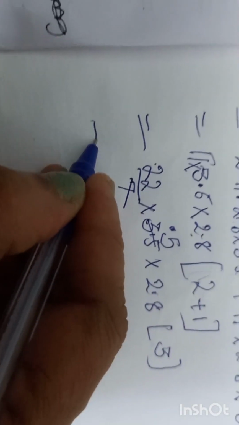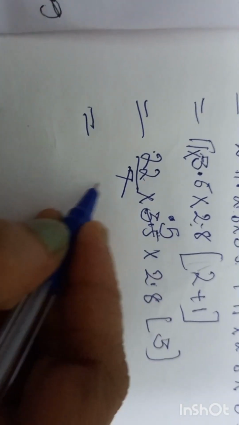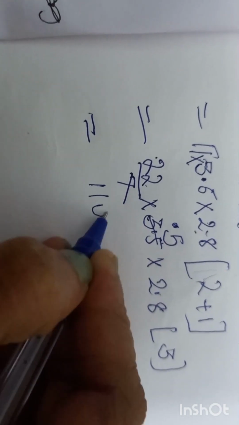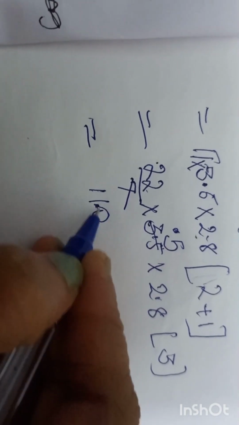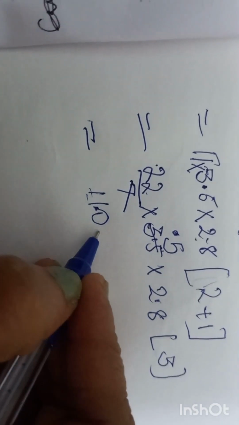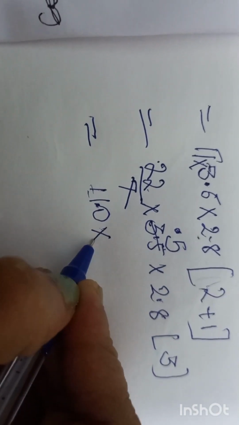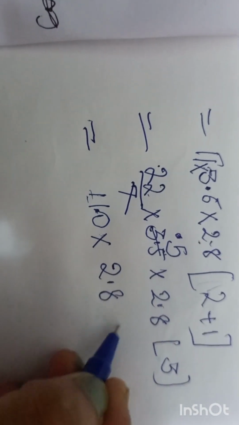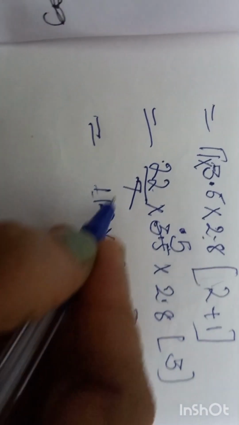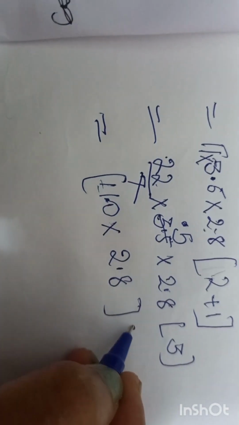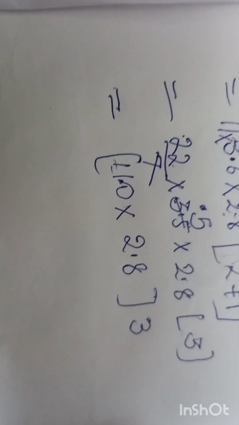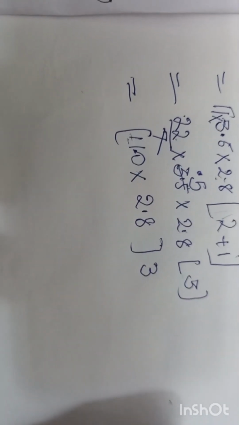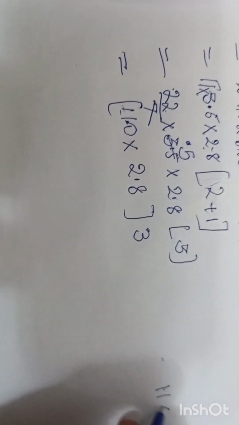So we get 22 into 0.5 is equal to 110. So 1 decimal place we have to move. So 11 we get into 2.8 into 3.